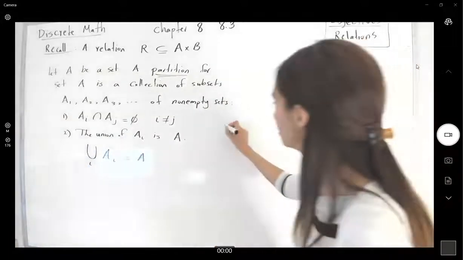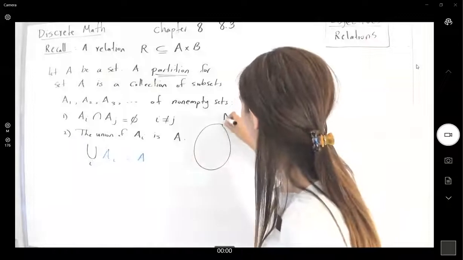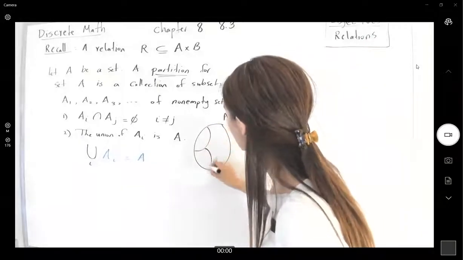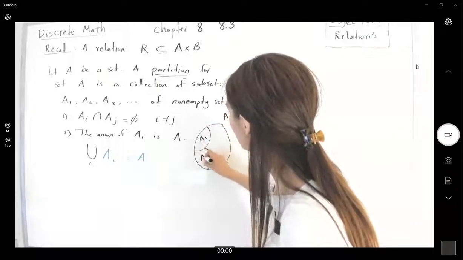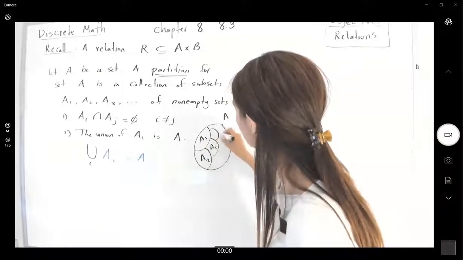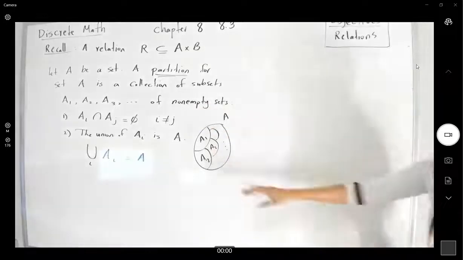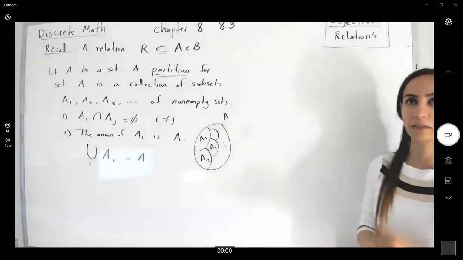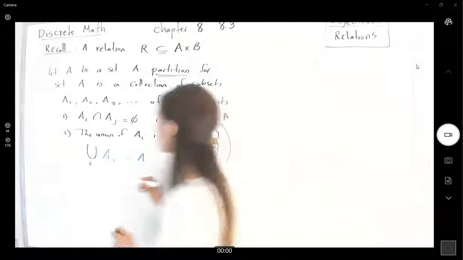So recall that we can visualize this scenario. Here you have set A, and you have some non-empty subsets, A1, A2, A3, and so on. This is a partition for this set. We can do that for Z, for example.